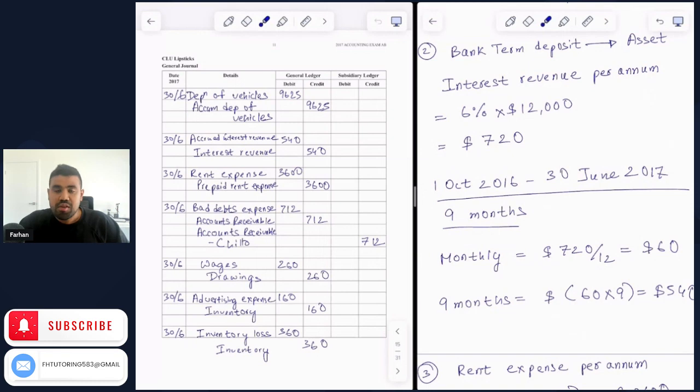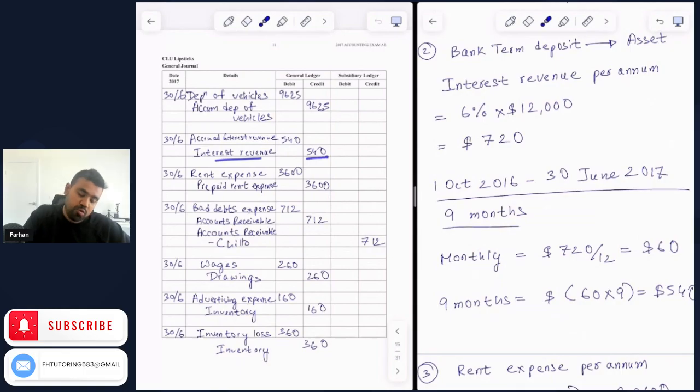So this interest is fitting the definition of a current asset, and all assets are debited when they increase. That's why we are debiting accrued interest revenue, which is also known as interest receivable, by $540 on the debit side. Then we are recording the income, which is the credit interest revenue, by $540.